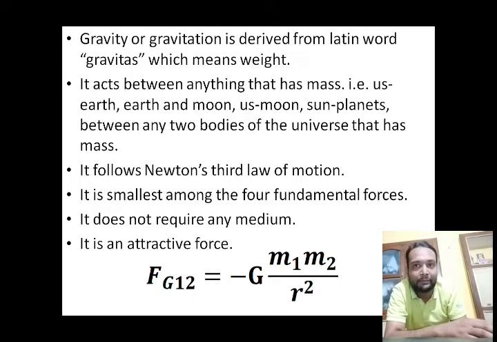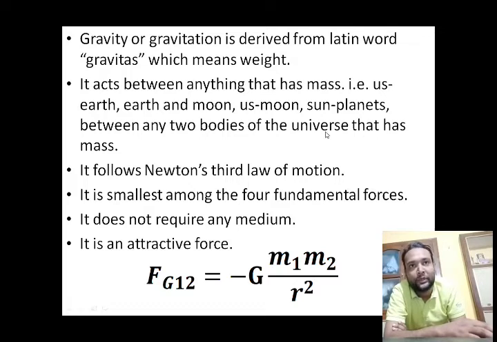Anything that has mass will feel the gravitational force and also will impart the gravitational force on another body. So it is acting everywhere between us and the earth, between us and the moon, between the planets and the sun, and between any two bodies in the universe that have mass.